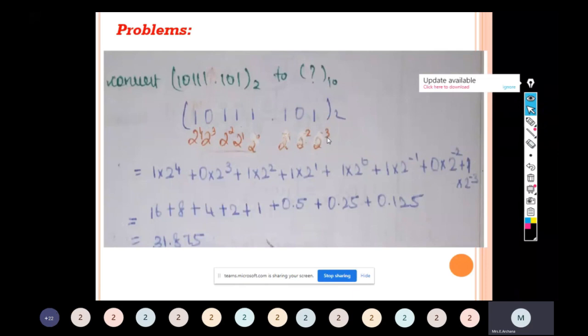How to calculate? We have to multiply each digit by its weightage.